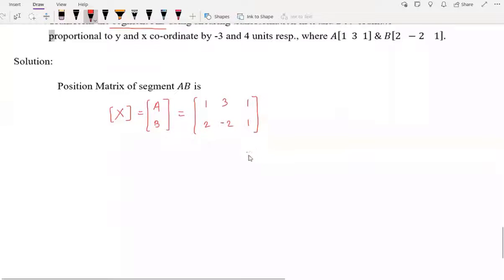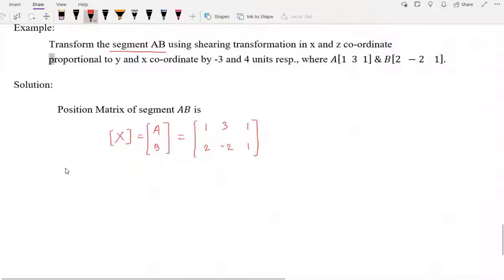Now we have to write the shearing transformation. What is the transformation given here?